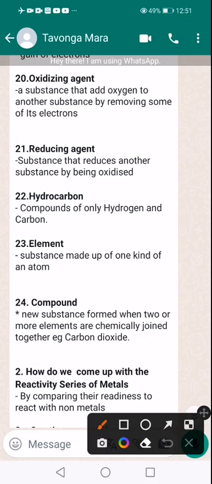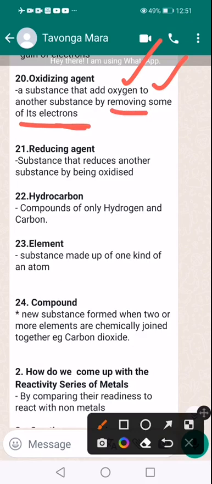A substance that adds oxygen is called an oxidizing agent, or a substance that removes electrons is also called an oxidizing agent. Why? Because oxidation is addition of oxygen, so if you add oxygen you are an oxidizing agent. And because oxidation is loss of electrons, if you remove electrons you are an oxidizing agent. The same applies to a reducing agent: a substance that reduces another substance by being oxidized.